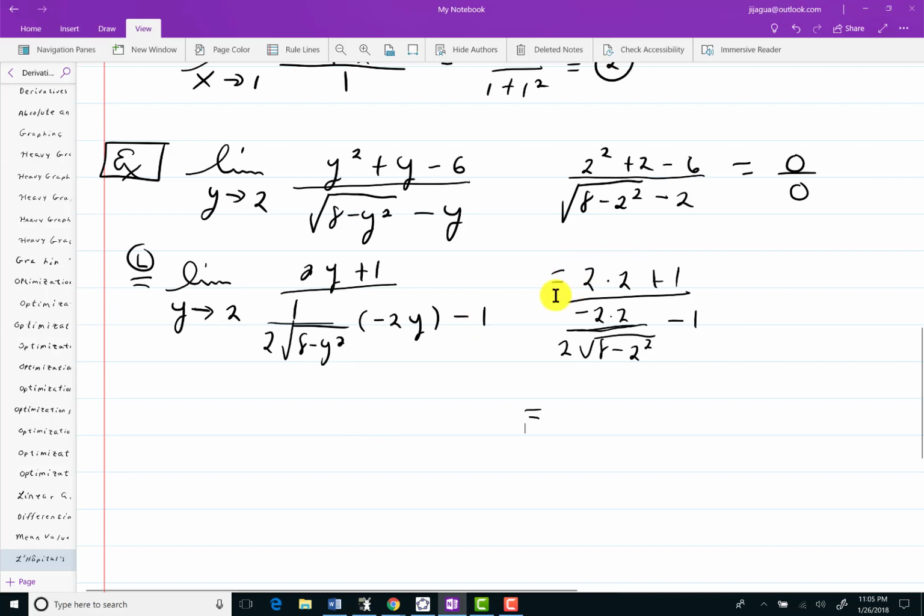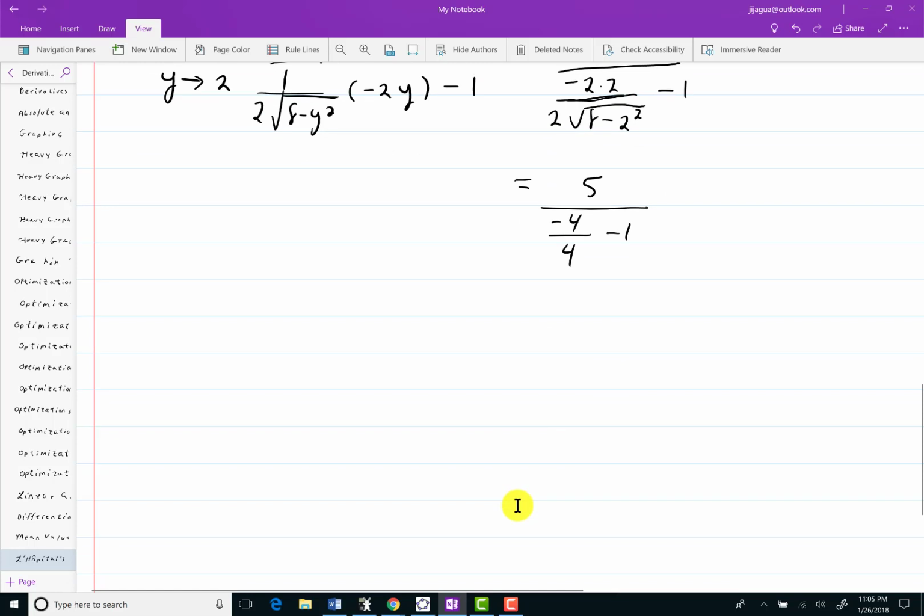So I'll get a 5 here. I'll have negative 4. And it'll be 8 minus 4 is 4, but the square root of 4 is 2, and 2 times 2 is 4. And this will equal 5 over negative 2. And there you go.